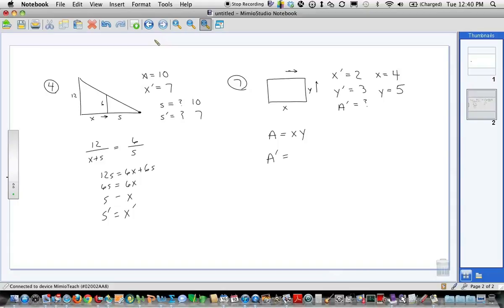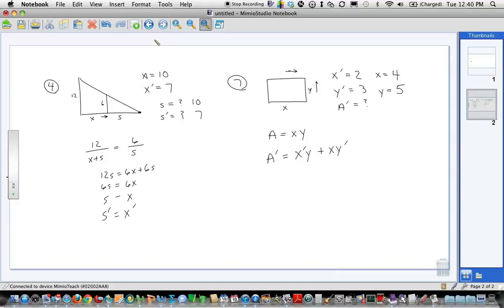So the derivative of x is x prime, leave the y alone, plus x left alone times the derivative of y is y prime. Right? That's the derivative of both sides with respect to t.